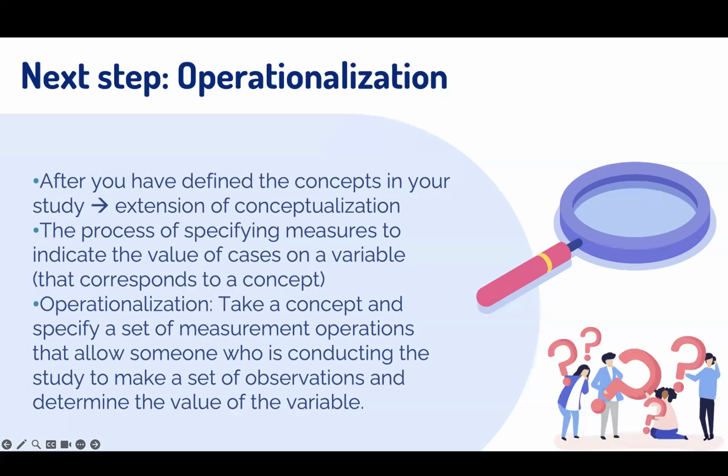Operationalization is a bridge that connects abstract concepts to practical measurable entities. This step extends conceptualization by specifying concrete measures that represent the value of cases on a variable that's aligned with our concept. It is how we translate the abstract into the measurable.